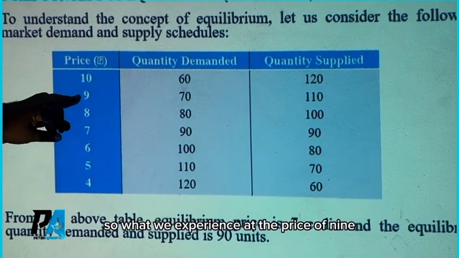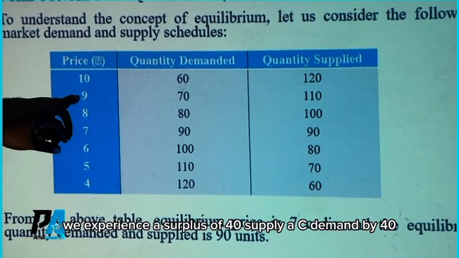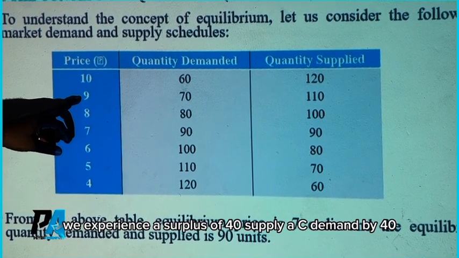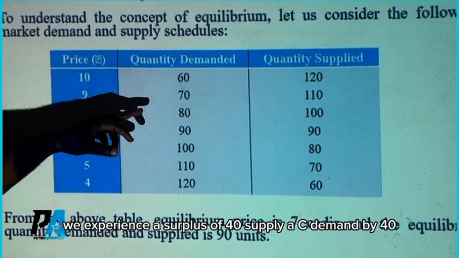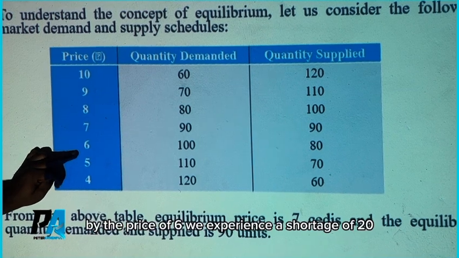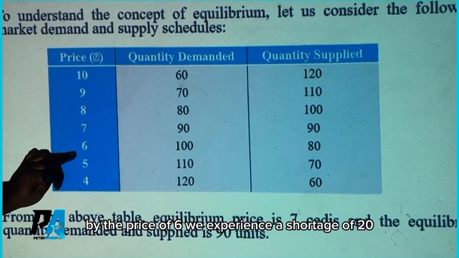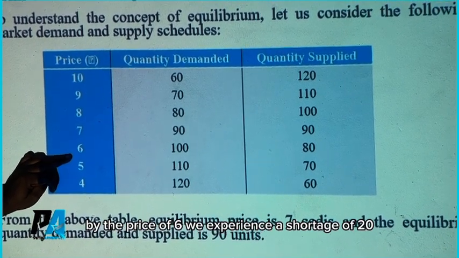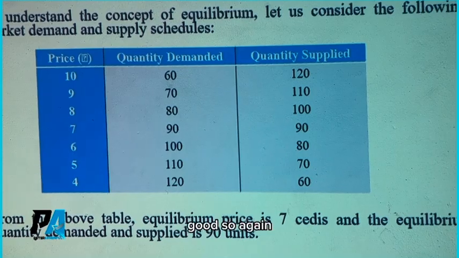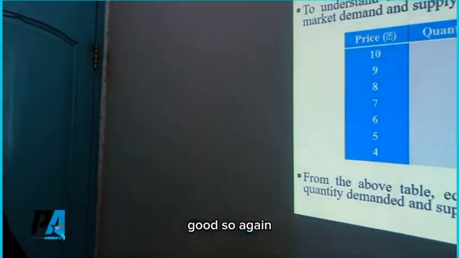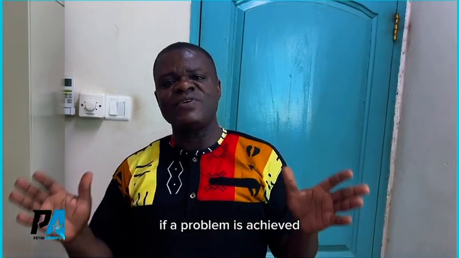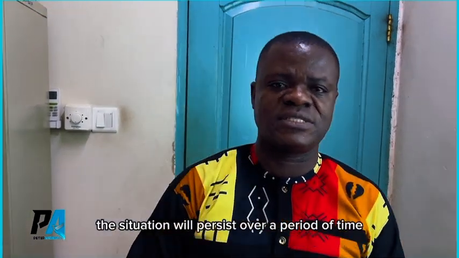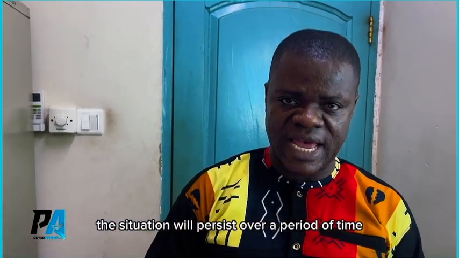At the price of 9, we experience a surplus of 40. Supply exceeds demand by 40. But at the price of 6, we experience a shortage of 20. Good. So again, if equilibrium is achieved, the situation will persist over a period of time.